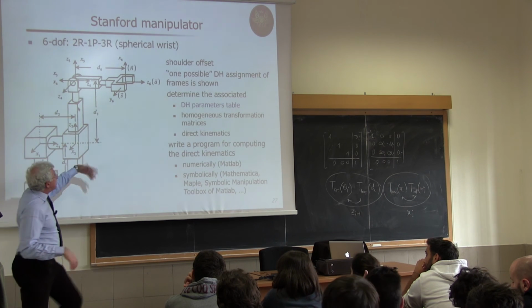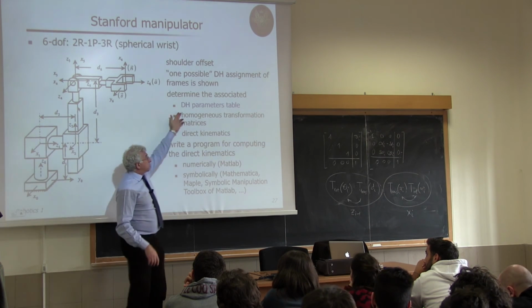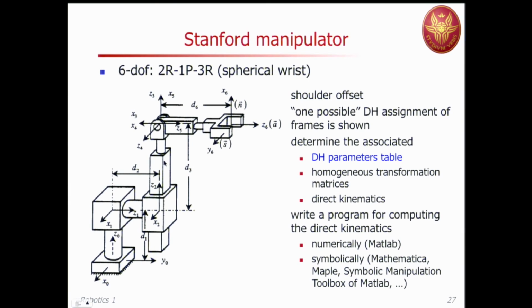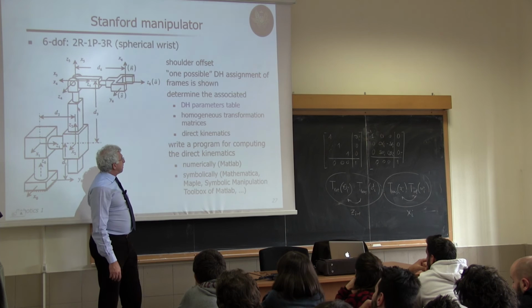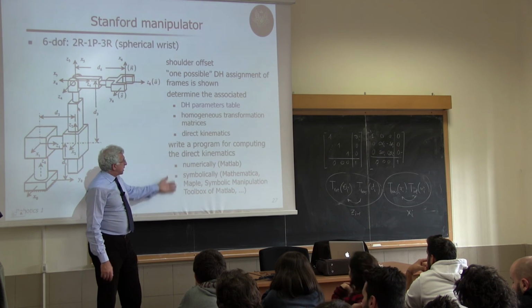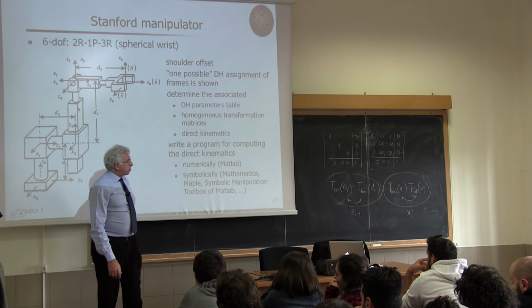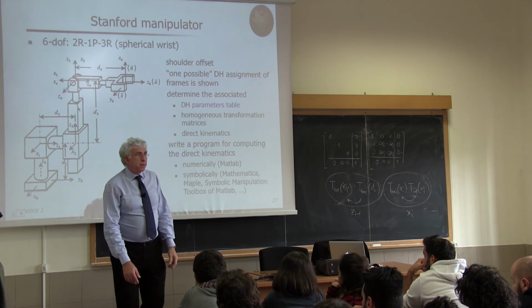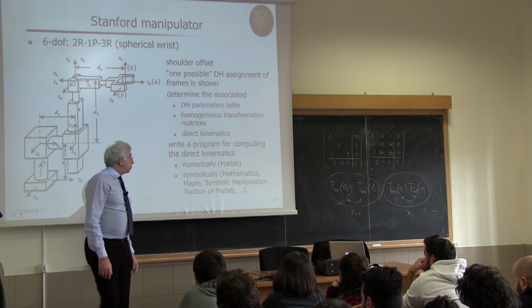But assume that this is correct, and you can check if this is correct. So with this assignment, you can determine the associated parameter table. So you do exactly what we have done before. Or I can give you the table and ask you to place the frames according to that table. Then from that you can compute the homogeneous transformation matrix and then the direct kinematics. And then as an exercise you can write a code which computes this numerically.